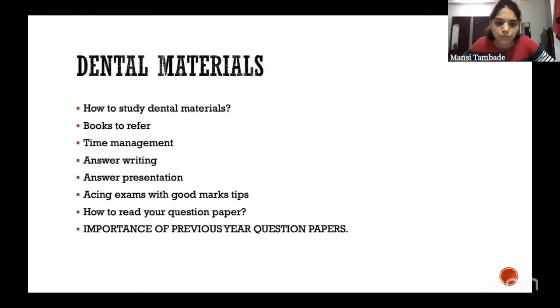Then acing exams with good marks. This is related to the presentation. How well you present your answer, the clarity in your answer, how you are going to the point. Quantity is not the only way to gain good marks or be the topper or be everyone's favorite. Quality and quantity both matter.